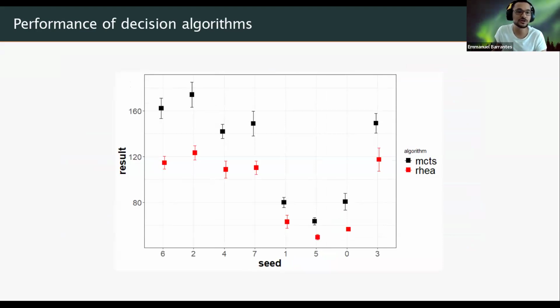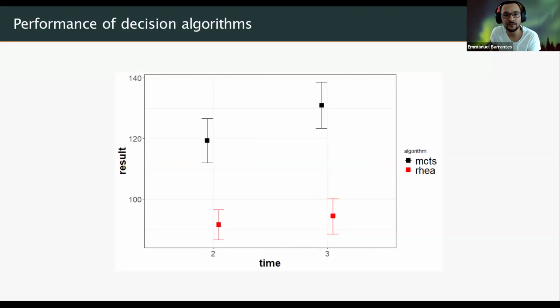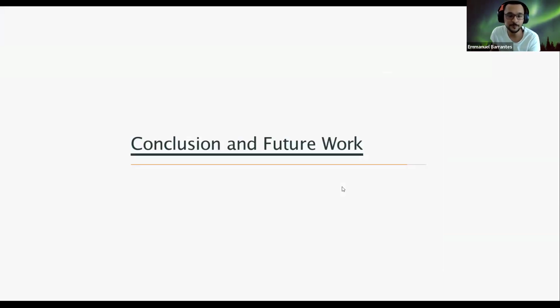As we can see, the number 2 seat was the more difficult, and the easiest one was the number 5. In this one, we can see that as we have more time to make a decision, we get worse results. As we can see here, we achieve worse results when using 3 seconds for the decision-making algorithm.